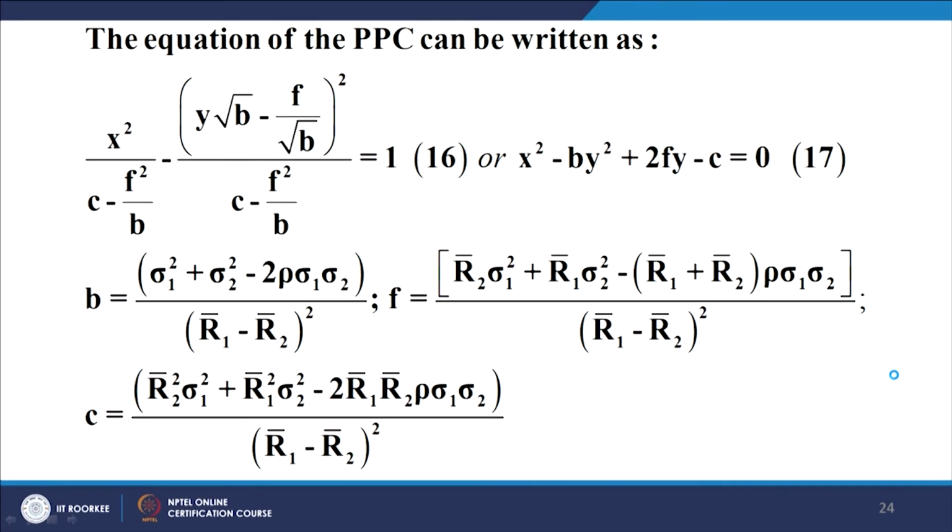So, we have explicitly shown that the curve can be represented in the standard equation of a hyperbola, or as a quadratic in x and y.